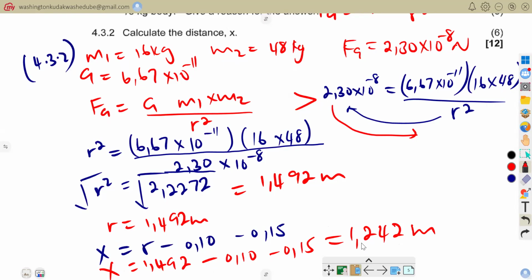X is a distance, so it's measured in meters. So this is our final answer. This is how you apply the universal gravitational law in solving these questions.